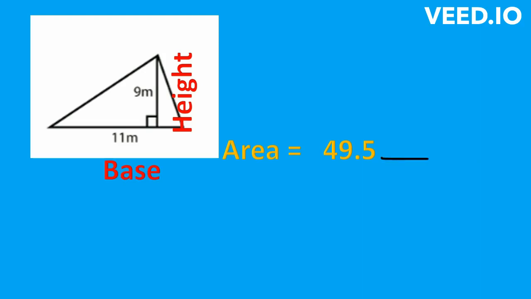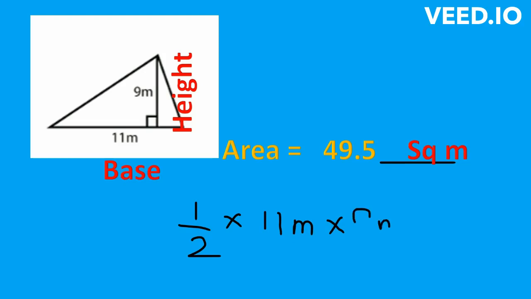The unit of measure should be square meter. Why? Because we are multiplying half times base times height. That is half times 11 meters times 9 meters. We are multiplying meters times meters, which makes square meter.